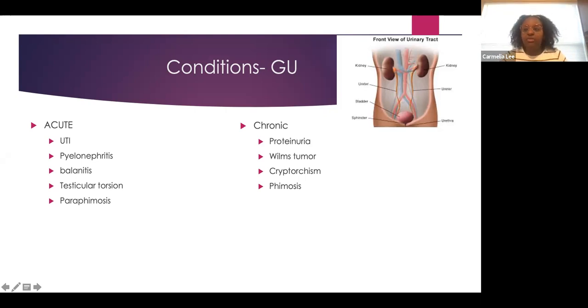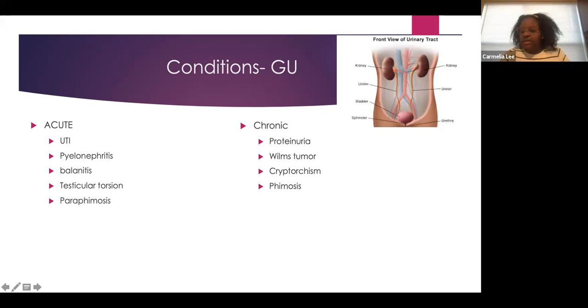Wilms tumor, again more of a chronic issue. Wilms tumors are cancerous growths of the kidney. About 1.5% of children with Wilms tumors have a family member who had a Wilms tumor. And about 5 to 10% of children with Wilms tumors have tumors in both kidneys, which may also be inherited.